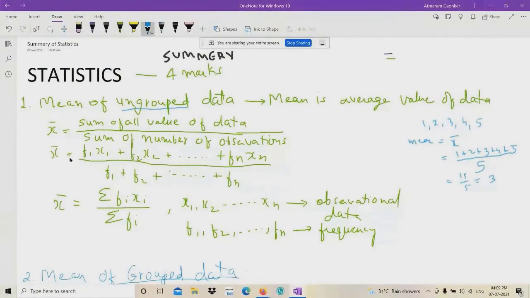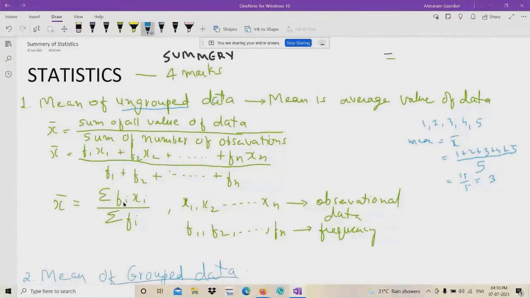So in general, f1 x1 plus f2 x2 plus so on, and last is fn xn, divided by f1 plus f2 plus f3 plus so on plus fn. This is the general formula, and I can write the numerator as summation. This symbol is summation of fi xi.